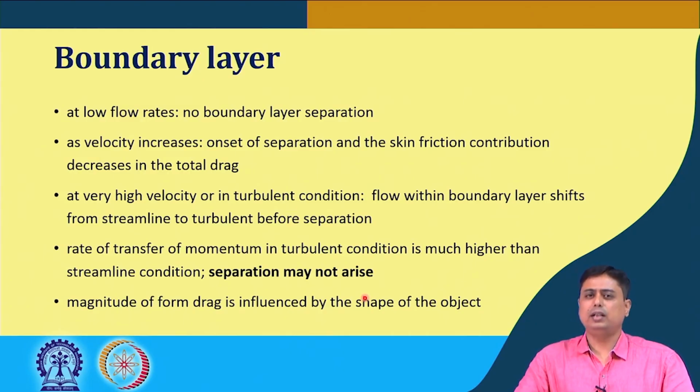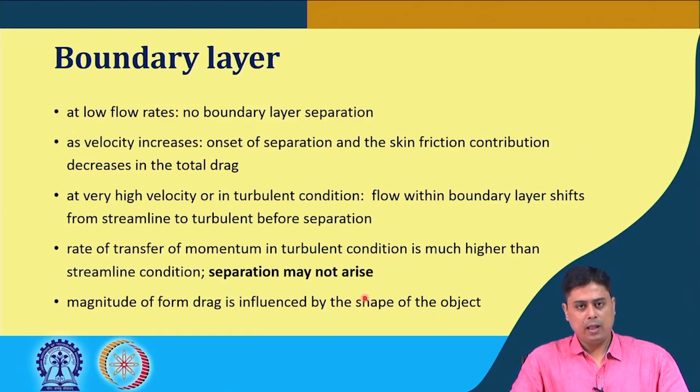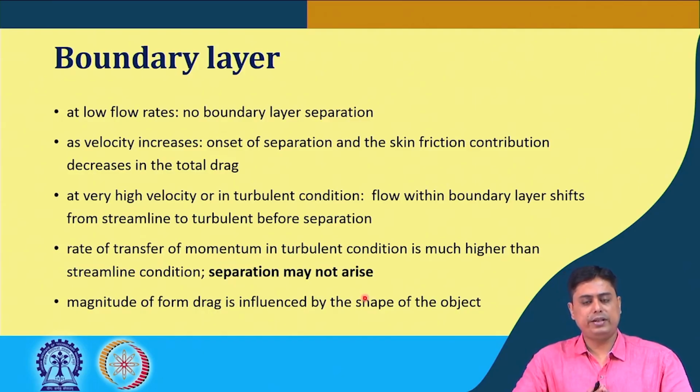So, this is the condition at the very high velocity or the fully turbulent cases. Now, if even before the separation takes place the boundary layer shifts from streamline to turbulent, then the rate of transfer of momentum in the turbulent case is much higher than in the streamline conditions. So, the separation may not arise.